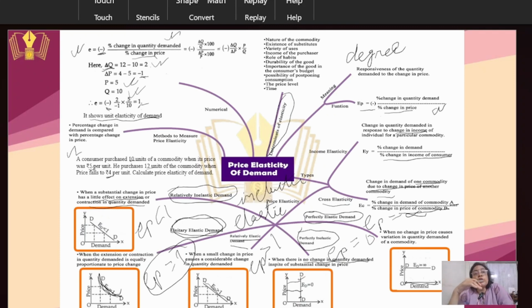From the previous chapter also you might get short case studies, where you will be given a case study and asked to identify whether the demand curve will shift towards right or towards left, or whether it is a case of movement along the demand curve, or contraction in demand, extension in demand, increase in demand or decrease in demand. These sorts of questions will be asked.